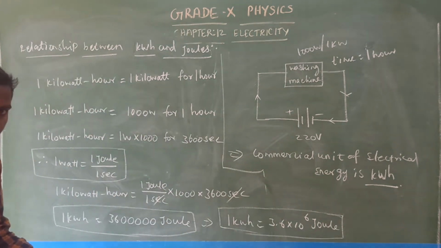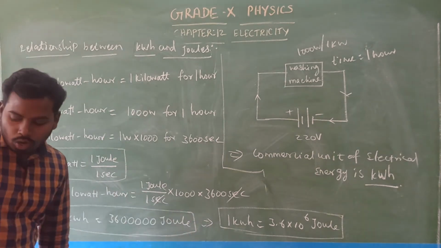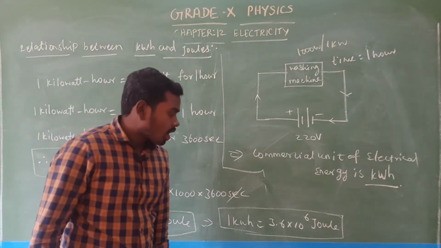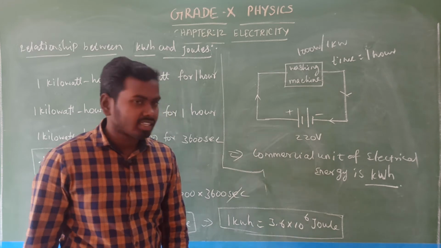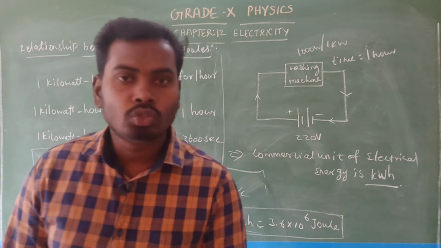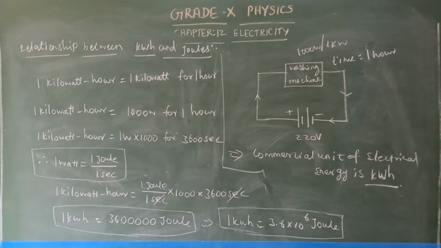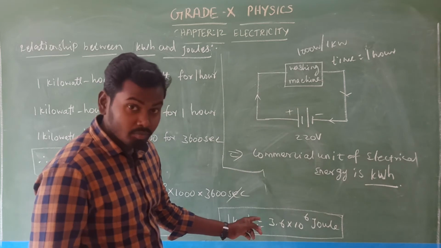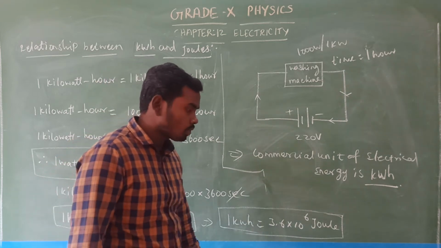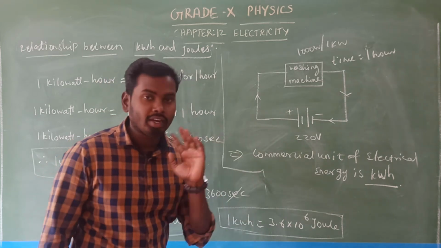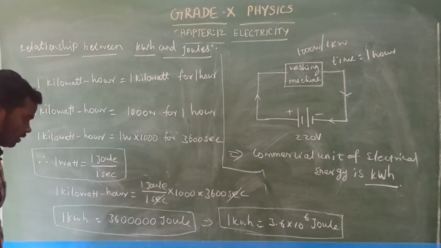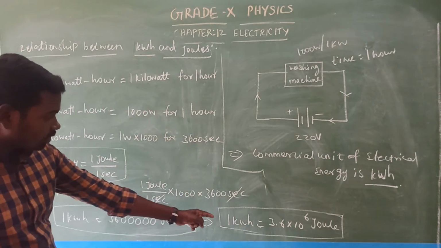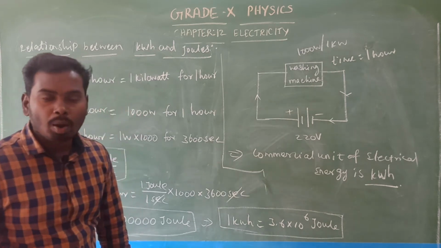So can you get some idea now? 1 kilowatt hour is equal to 3.6 into 10 to the power of 6 joules. Okay, yes. So 1 kilowatt hour is equal to 3.6 into 10 to the power of 6 joule amount of energy.